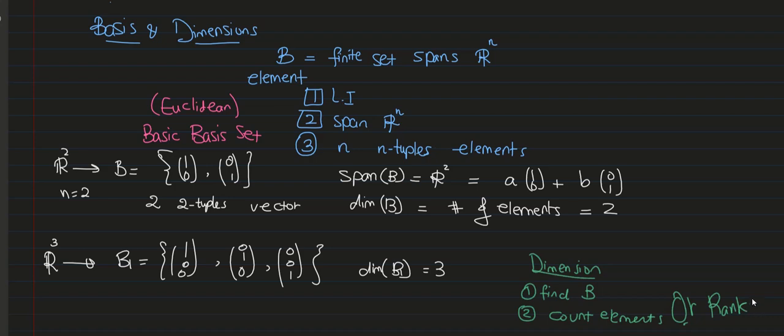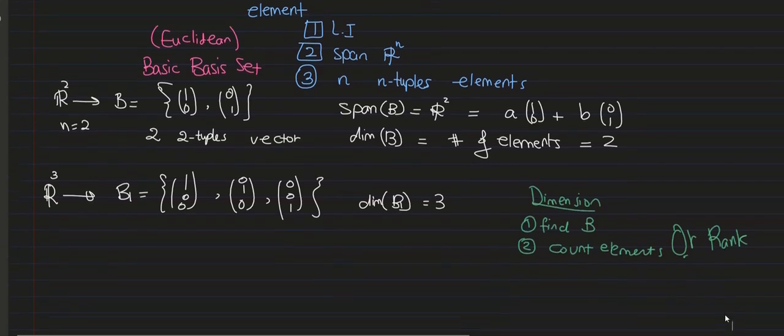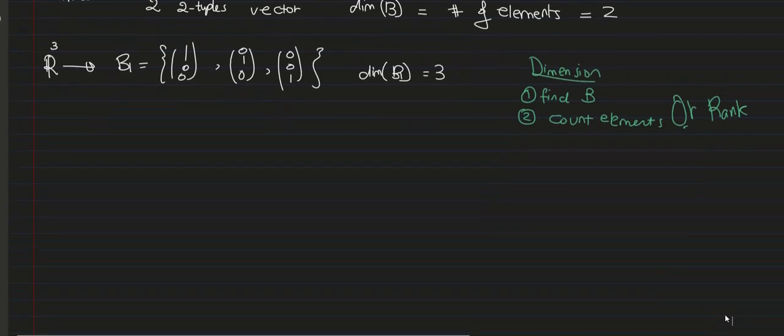The rank is, after reaching the row echelon form, we count the number of non-zero rows. So that was proven, and there is a theorem that states it. Don't worry, you may use it directly for getting the dimension, and it will decrease the effort.